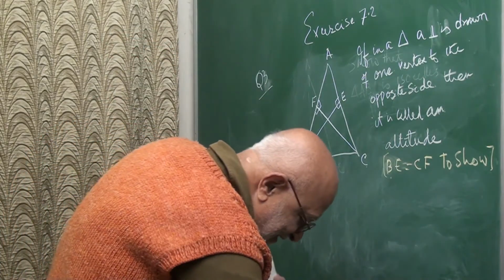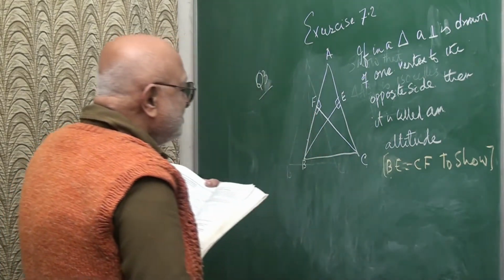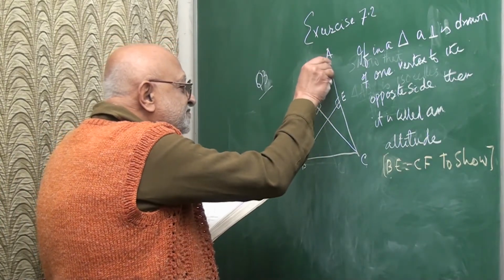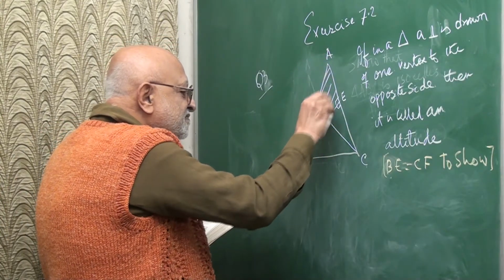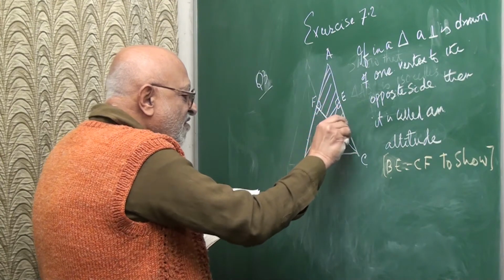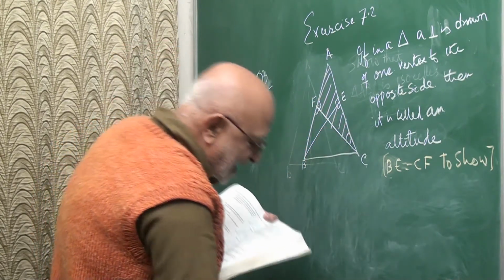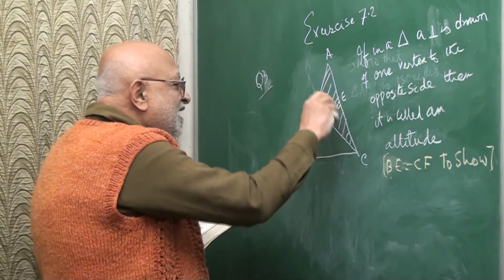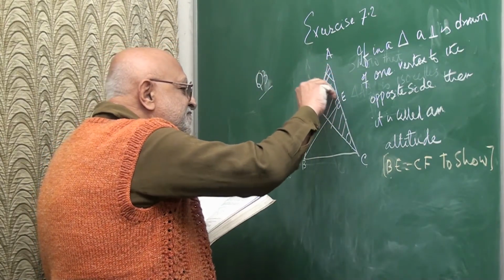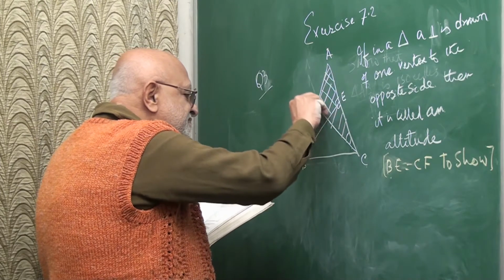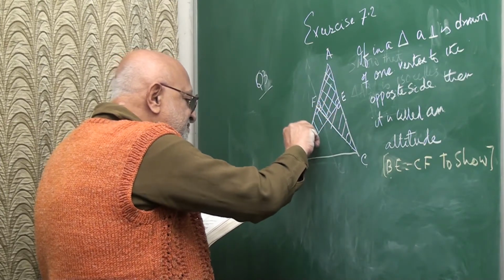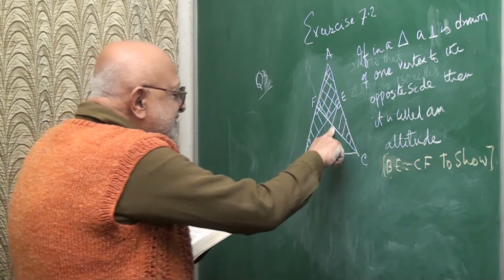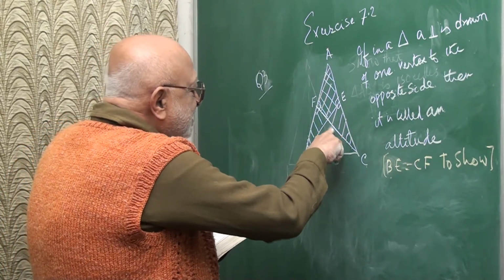Then next should be our choice of triangles. CF comes in this triangle, and BE comes within this triangle. Let's see what else we can get out of it.